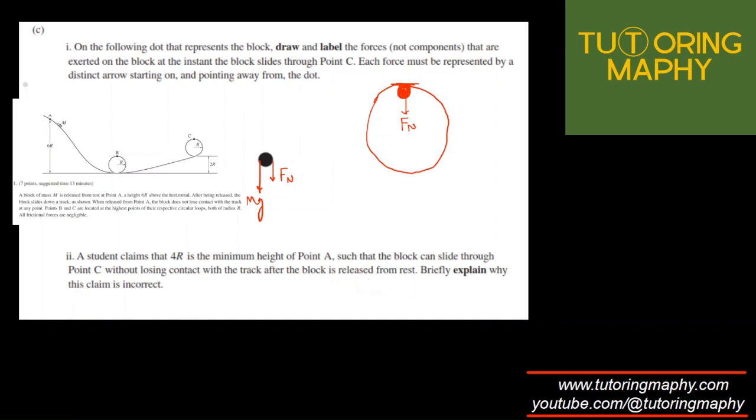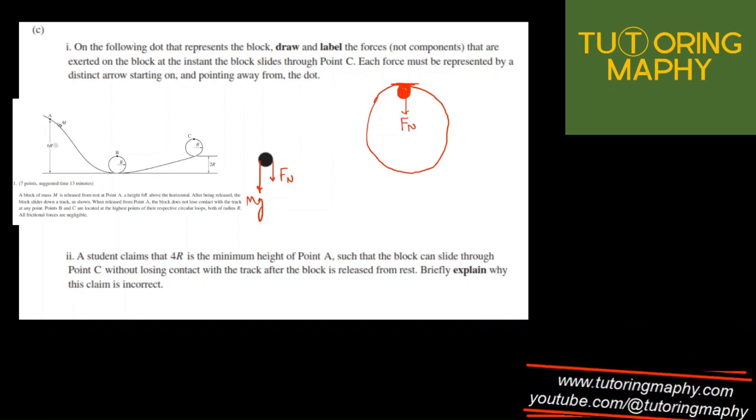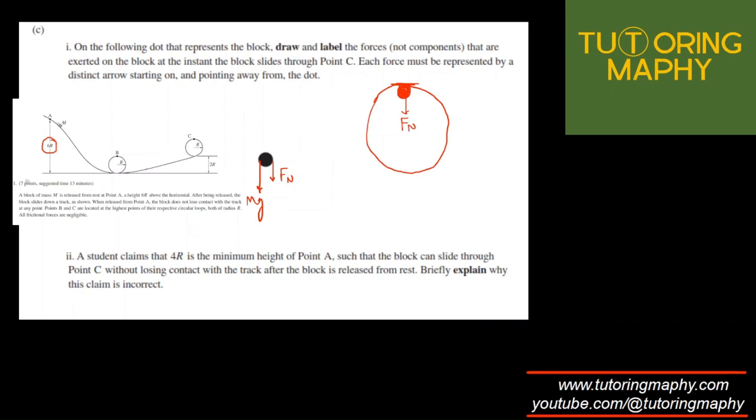So the only way to prove that incorrect is to actually determine that minimum height, right? How will we determine that minimum height? This concept says that when this is just about to lose the contact, so this is like the limiting case.